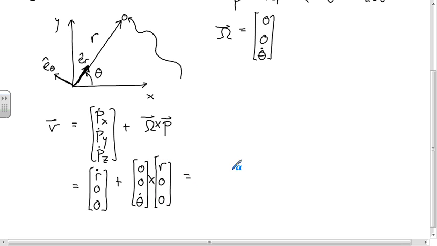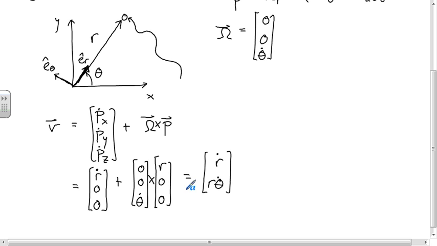If you multiply that all out and add it up, you get a vector of r dot, and then the second component is r theta dot, and then 0 for the third, which is good because in polar we're talking about a 2D thing. Okay, so this is the velocity vector given in polar coordinates, and you can look that up and you get these values.